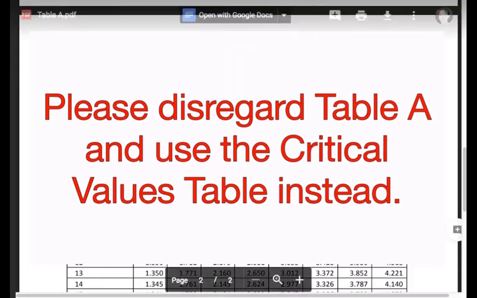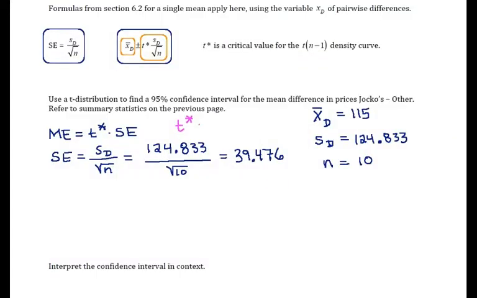Looks like 2.262. And therefore my margin of error is 2.262 times the standard error, 39.476.